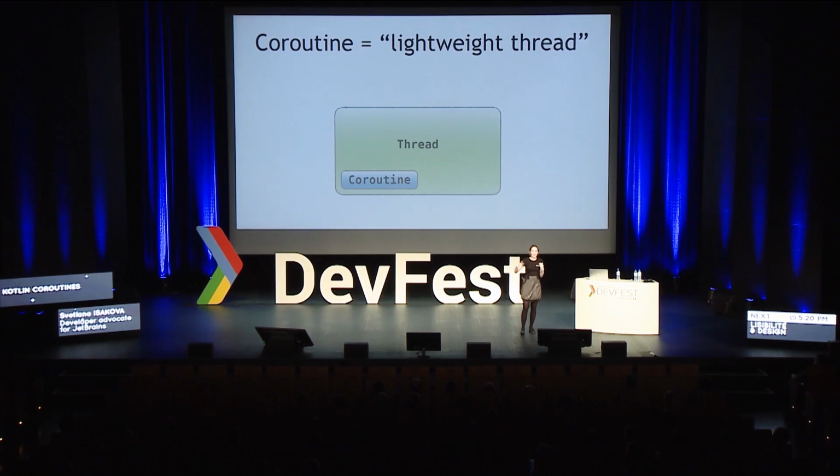That means that we can create much more coroutines for our application than threads. A thread is a rather expensive thing. It requires a lot of memory, a lot of resources. And for coroutines, it's no longer the case.